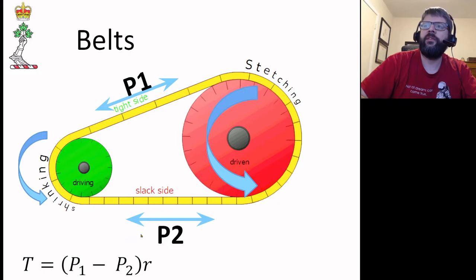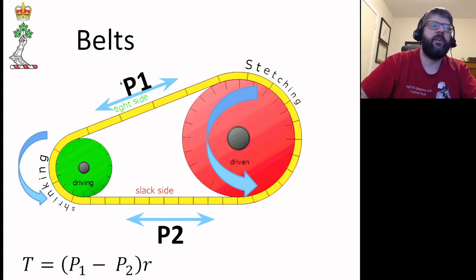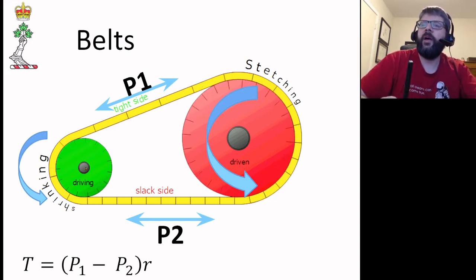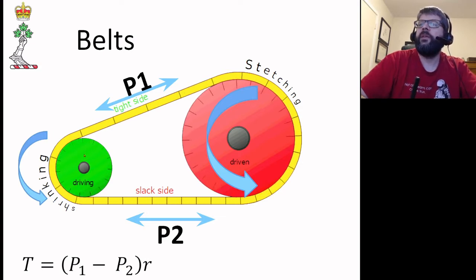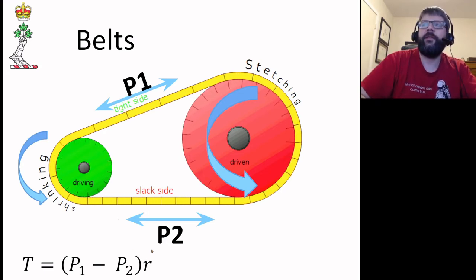So again, like gears, we're going to have different torques based upon having different radiuses for the sheaves that we're using here. So the torque will be based upon the difference between the two tensions and the radius of the element we're looking at.